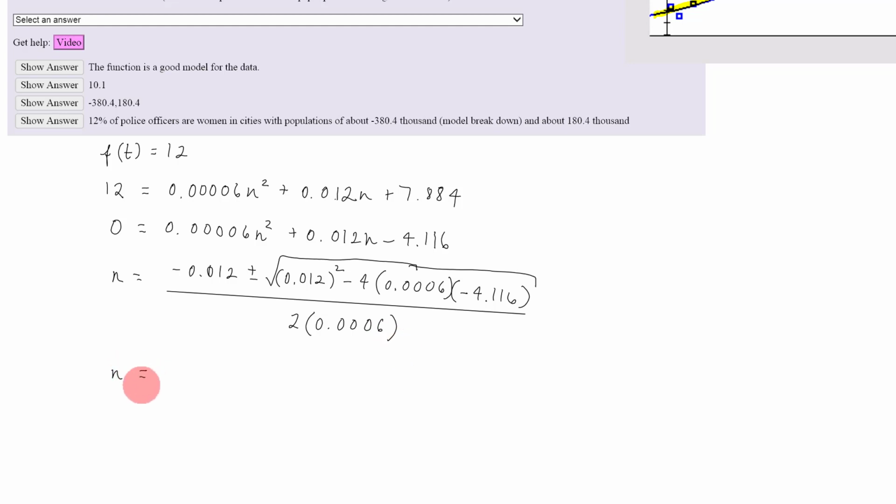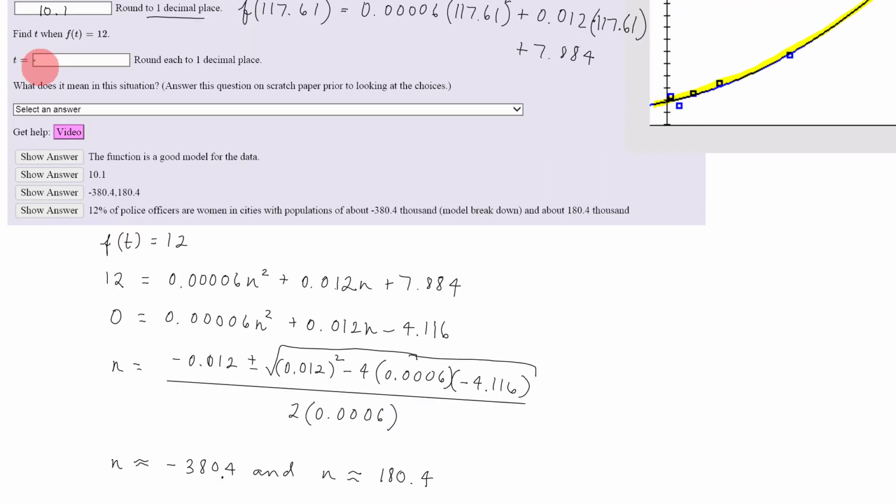So after you simplify that, you should get, rounding to the first decimal place, approximately negative 380.4 and a population of 180.4. So going back, the population when the percentage of women is 12% is either negative 380,400 or 180,400.